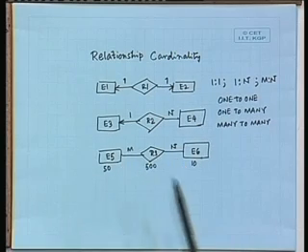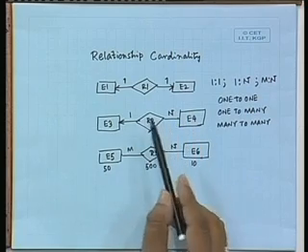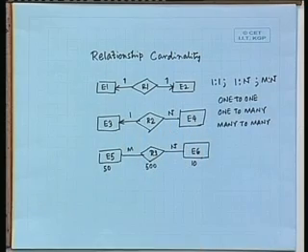But a peculiar thing about one to many, say an order and supplier. How many orders can be given to a supplier? One or more. A given supplier over a period can have many orders, yes or no, right. But can a given order be given to more than one supplier?